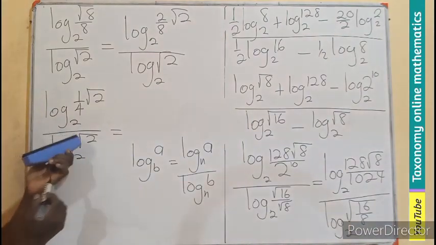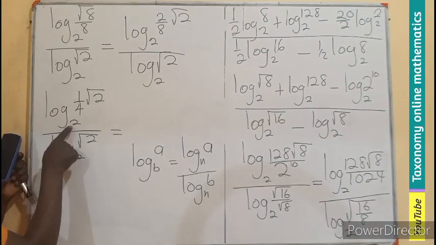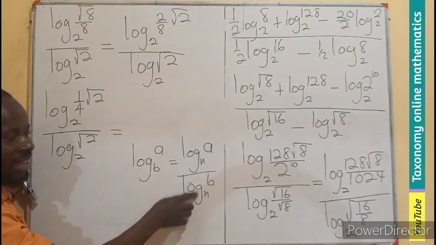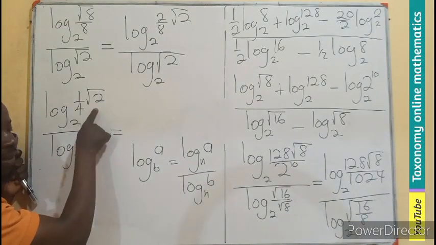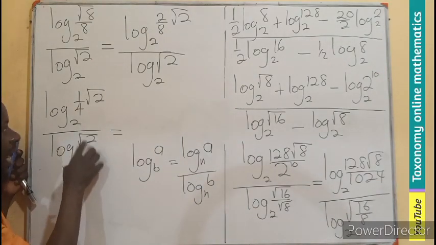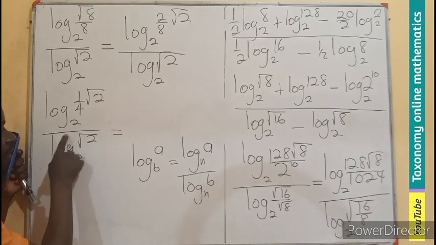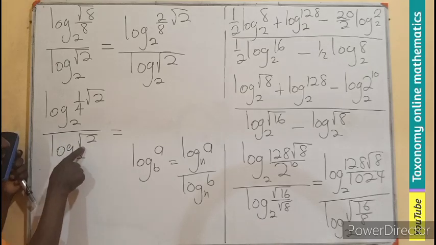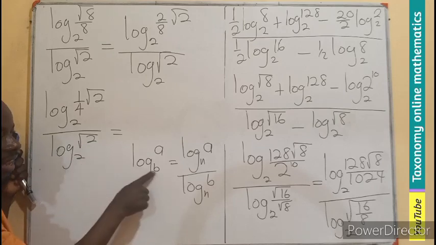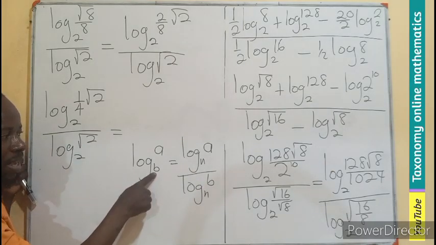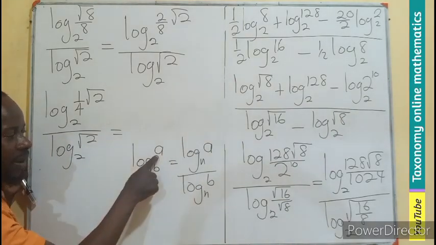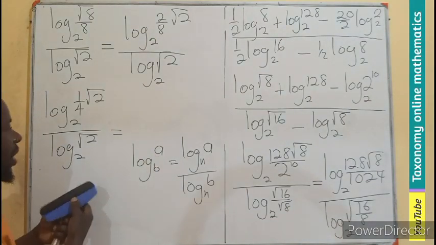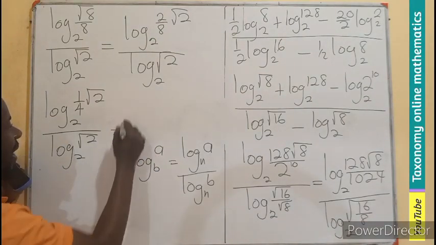Do you see the same thing here? That I'm having the base to be n. I'm having the argument, an argument. So I can easily write this as the log of the base, ignoring the 2, so that I can take this as my B. You know, B becomes the base. The A still remains as the argument. So here, let me see if I can write it here.